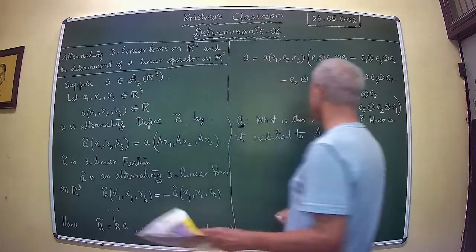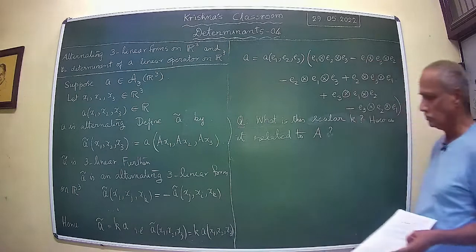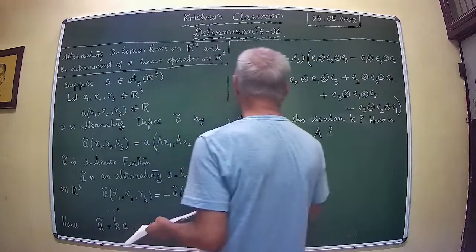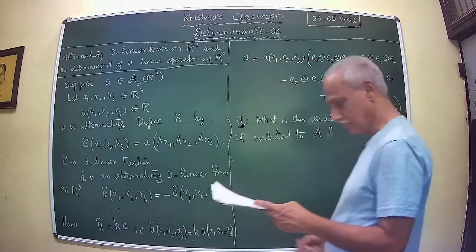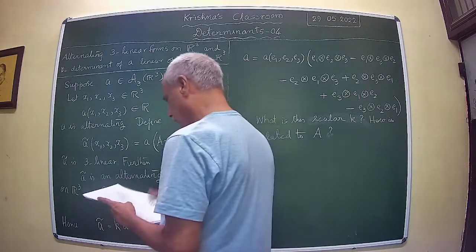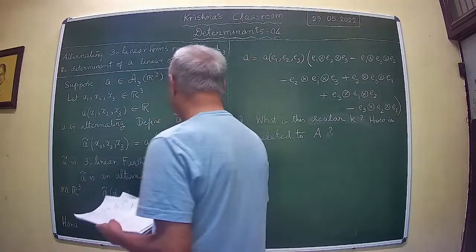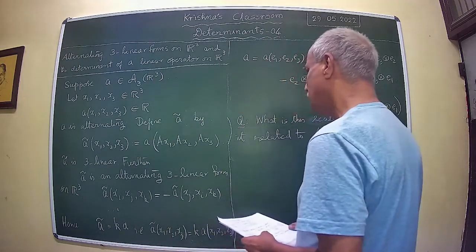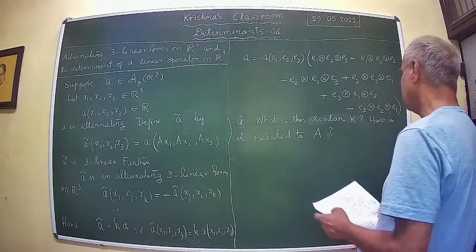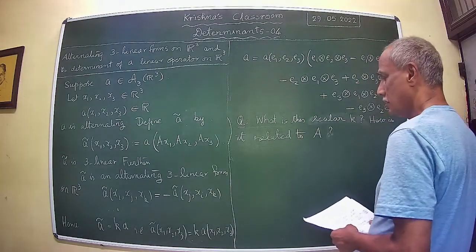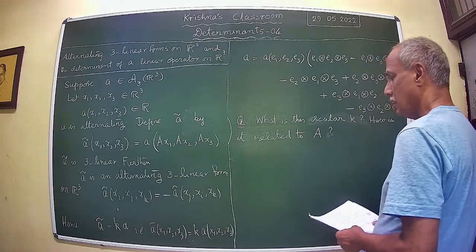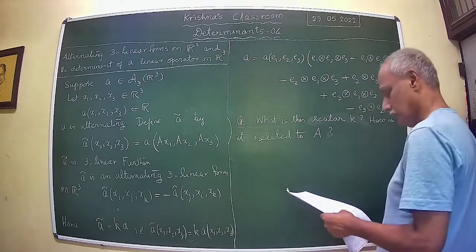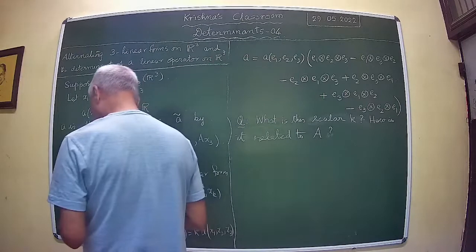This is the question that you ask. Can you write it explicitly in terms of A, where we have already seen A in terms of E1, E2, E3? Exactly. So we have seen A is written in this form, so now it is quite easy to work it out. Okay.